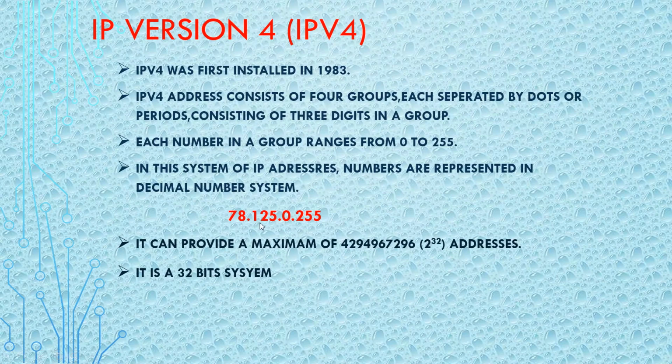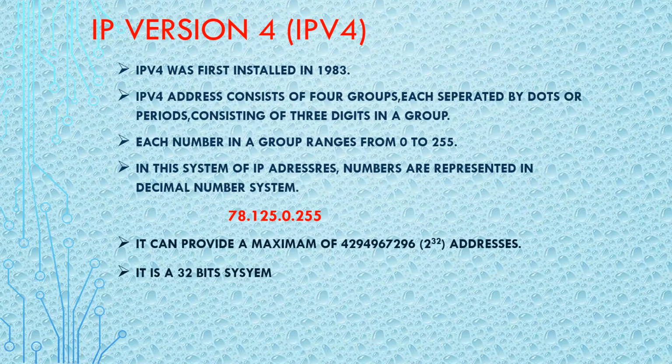It can consist of 1 digit or 2 digits or 3, but the maximum must be 3 digits. Each number in a group ranges from 0 to 255, so it shouldn't exceed 255 and shouldn't be less than 0.